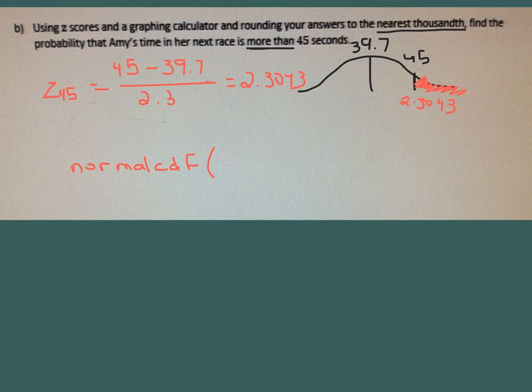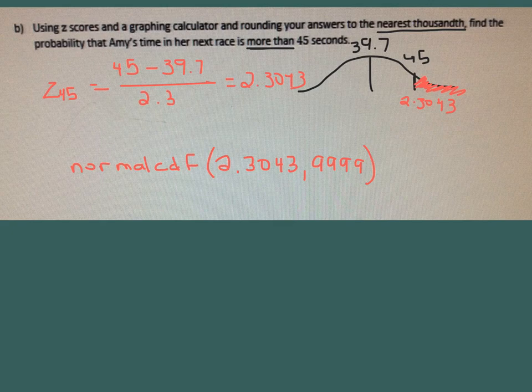So we'll use 2.3043 as our lower bound. As an upper bound, you can use any big number. A rule of thumb most people use is 9999. If you want to use 7777, go for it. You're going to get the same thing in the end.